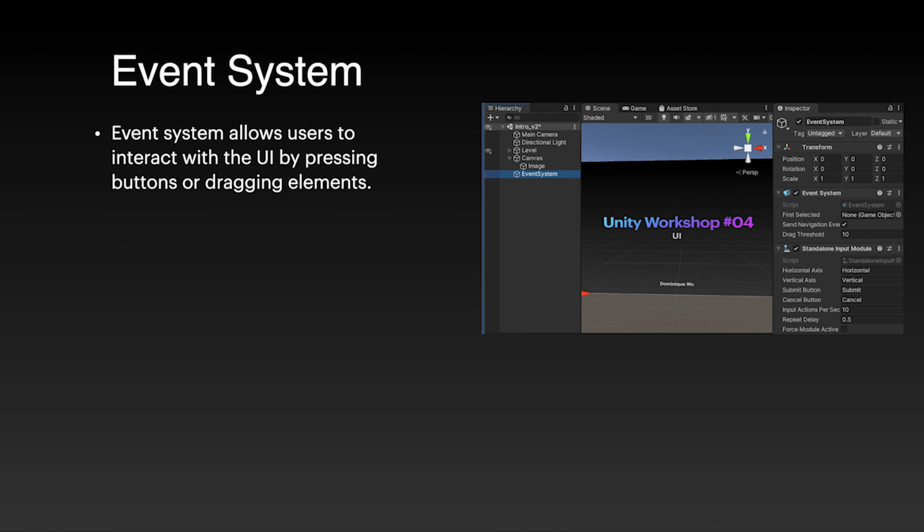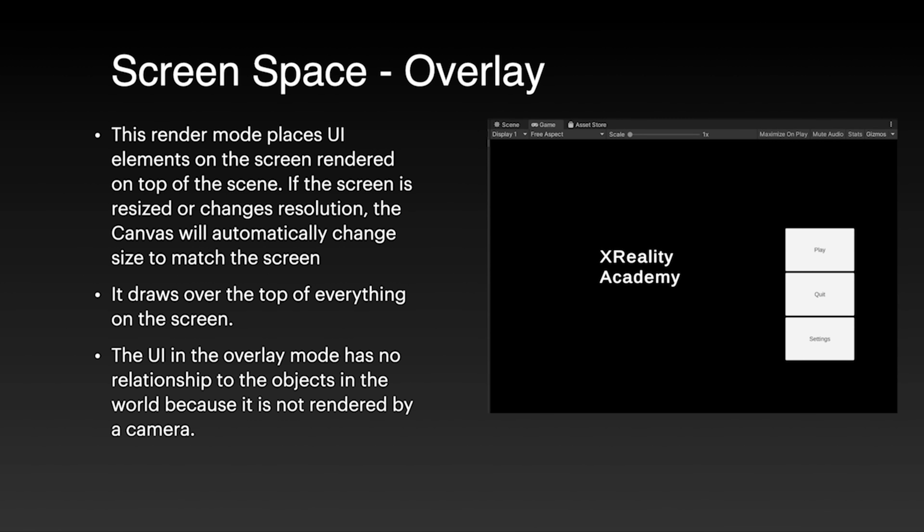You can do horizontal axis, vertical axis, and you can press the button, right? For all of that, you need event system to interact with the UI. So remember, if you have a canvas, you need to have event system or something equivalent to event system that can trigger the UI.